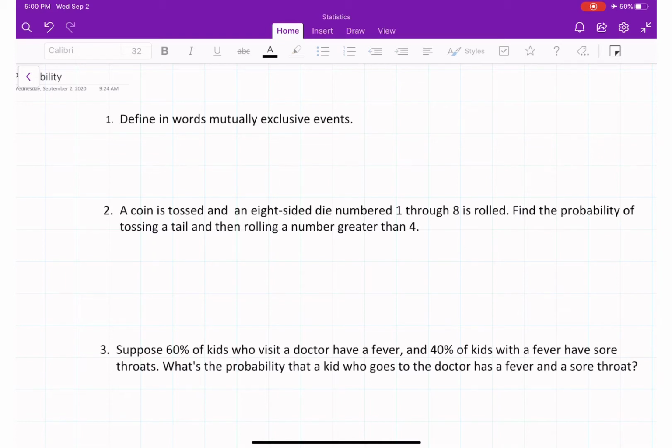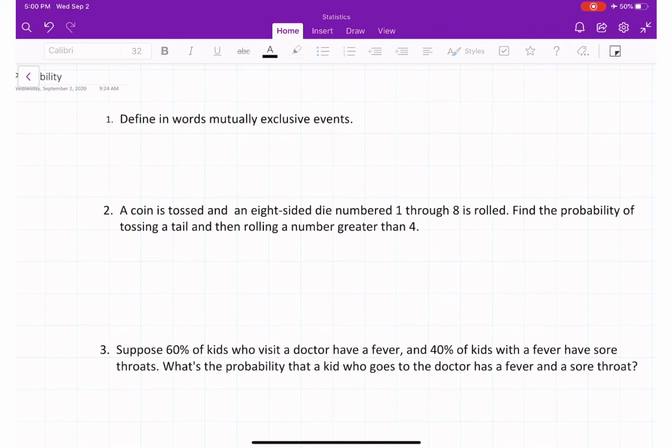So, question 1, define in words mutually exclusive events. If you watch the video, you can understand that mutually exclusive events are events that cannot coexist at the same time, so they exclude each other.